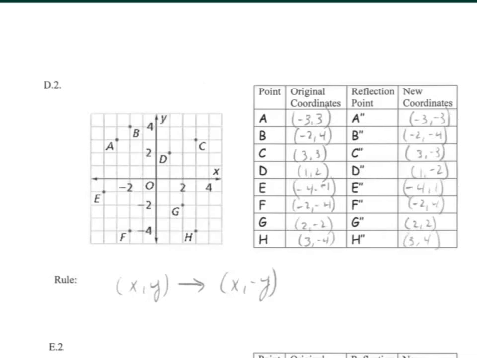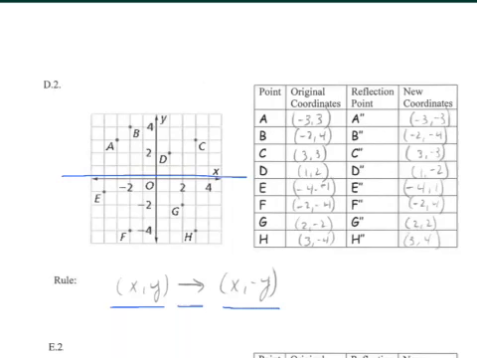And once again, we look for a general rule, and this time it's similar but different. This time our original coordinates transform into x, opposite of y. So when we're reflecting over the x-axis, our x-coordinate stays the same, but our y-coordinate changes to its opposite.